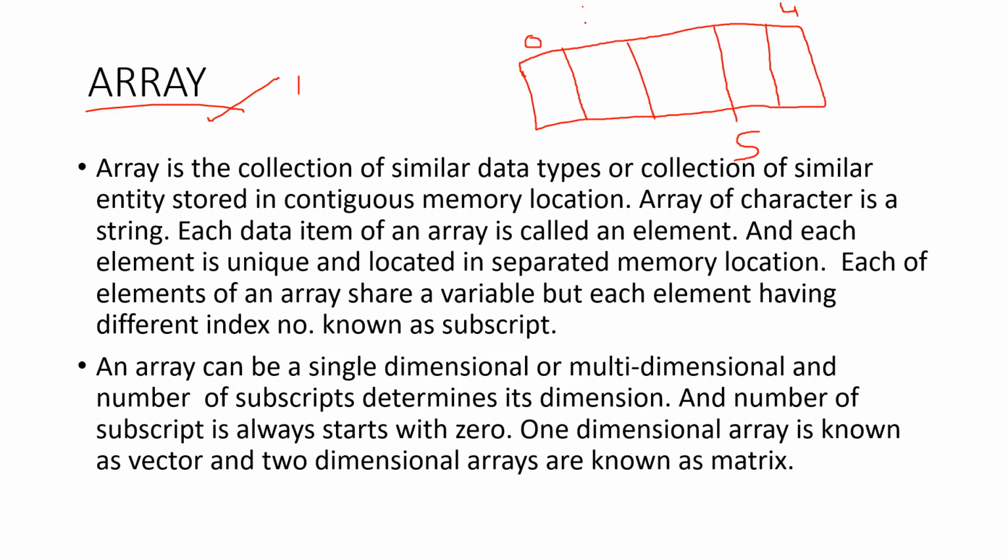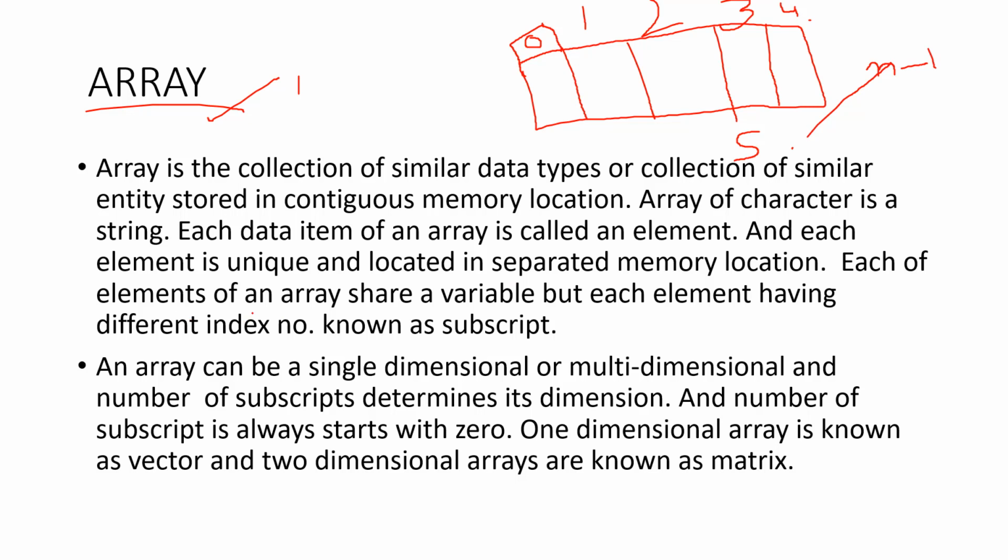The index goes up to n minus 1, because the total number of elements is n, but the first element is at index 0, then 1, 2, 3 and up to n minus 1.